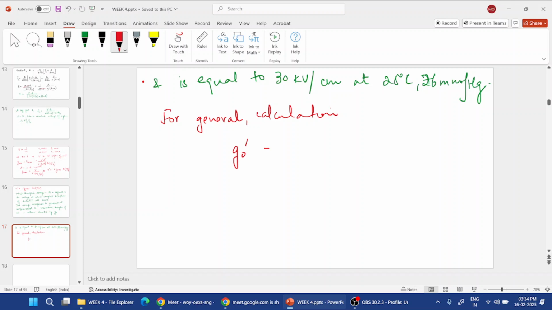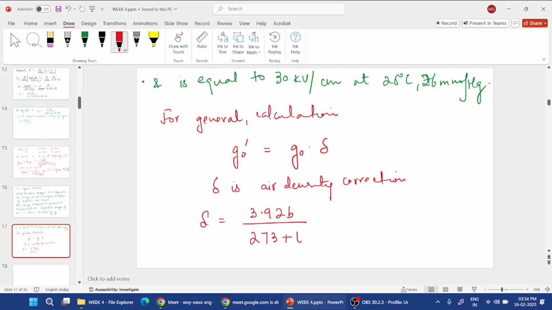let's say that G naught dash is equal to G naught into delta, where delta is the air density correction factor, and empirically it is given by delta is equal to 3.92 b divided by 273 plus t. So at any temperature and pressure, its value will be calculated by this expression.